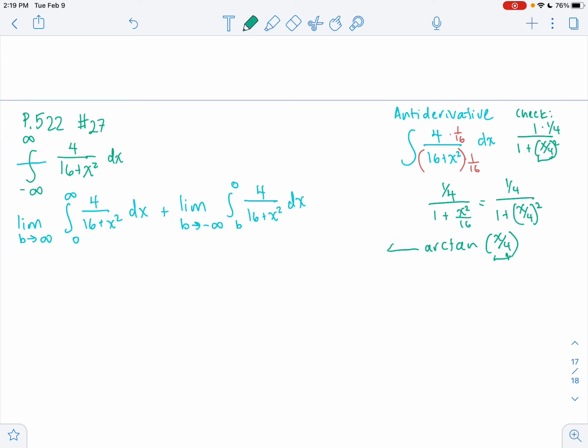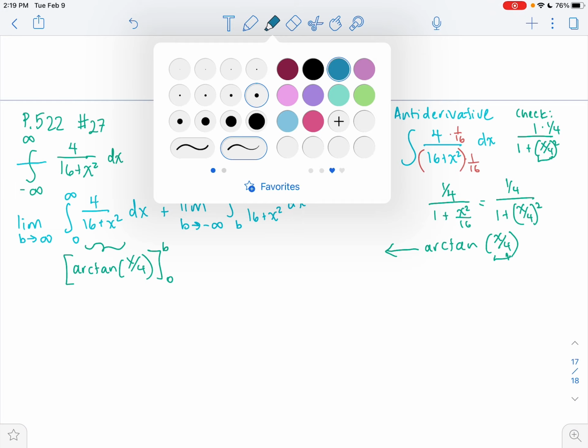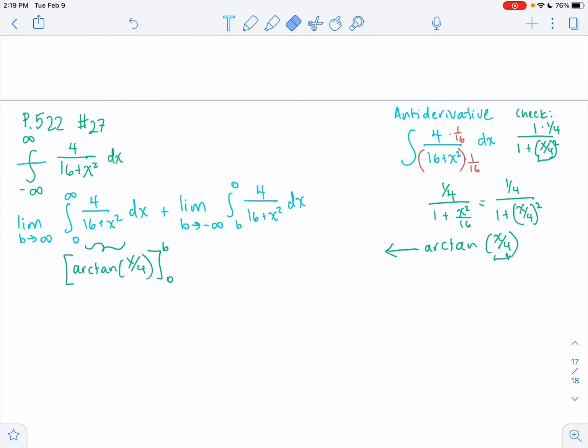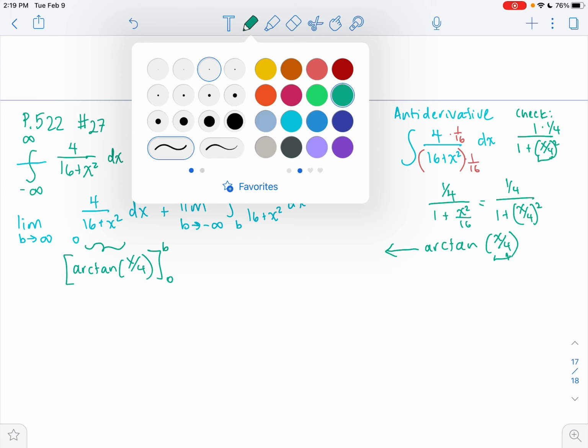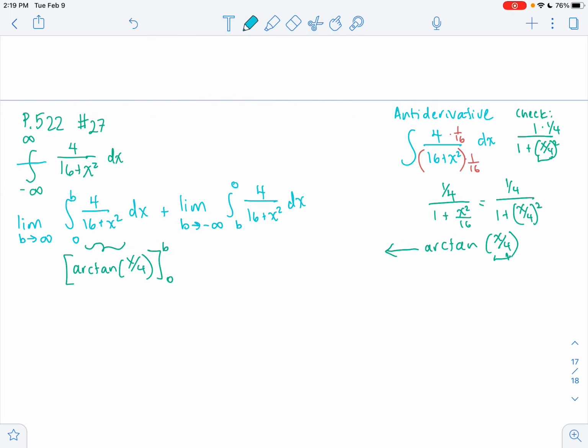I'm going to take that and replace my integration part with arctangent of x over 4. And then don't forget the 0 to b part, which, good if you spotted that I didn't change this to b, that should have been b on top. So let me do that real quick, 0 to b.